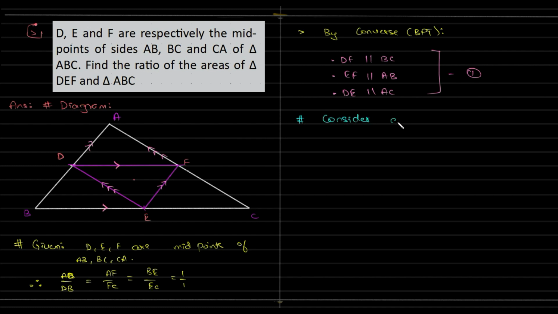Think about it. Consider quadrilateral DFEB. DFEB has opposite sides parallel from 1. Right? What can we tell? DFEB is a parallelogram.